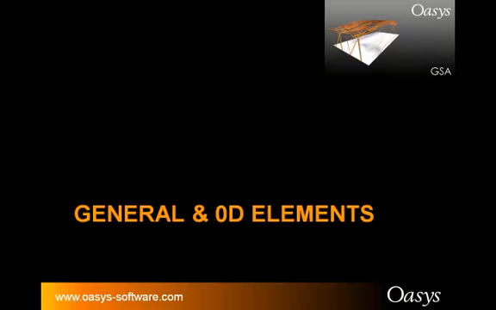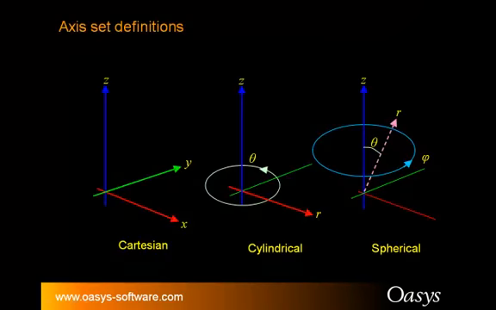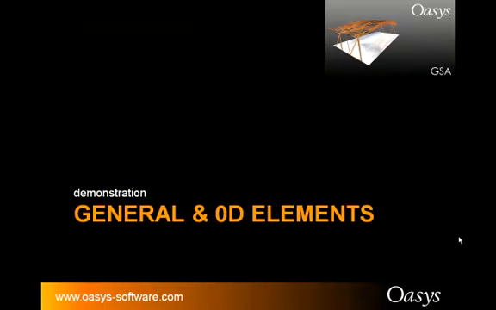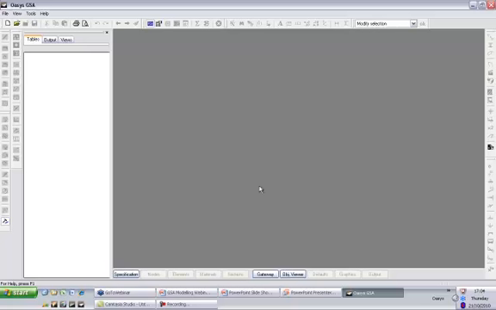So, general principles and note the elements. So, axes. I think everyone is familiar with the Cartesian coordinate system, but GSA also has cylindrical and spherical coordinates which you can use. Now let's go in and have a look at those sort of things.